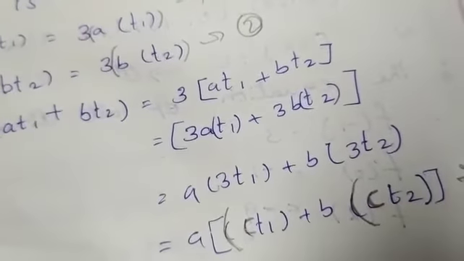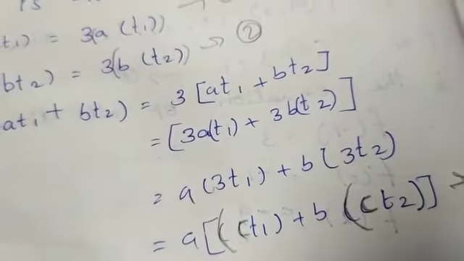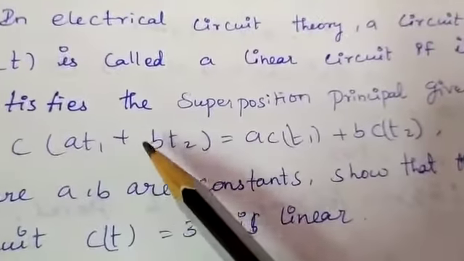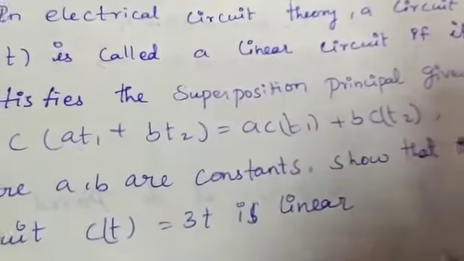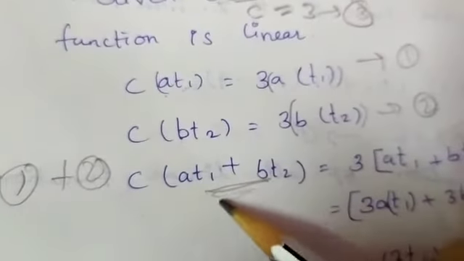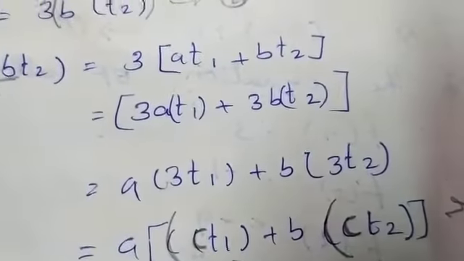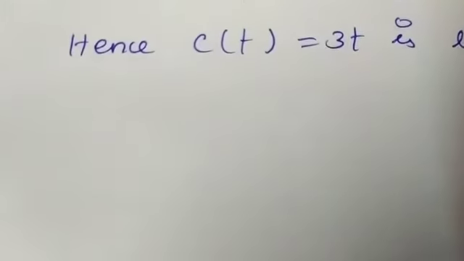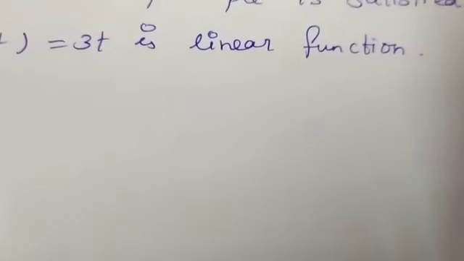So we are proving it now. Here you can see C of aT1 plus bT2 is the LHS, we have got that side already. Now we have got the RHS also. So hence it is proved. Therefore the superposition principle is satisfied. Here C of t equal to 3t is a linear function.